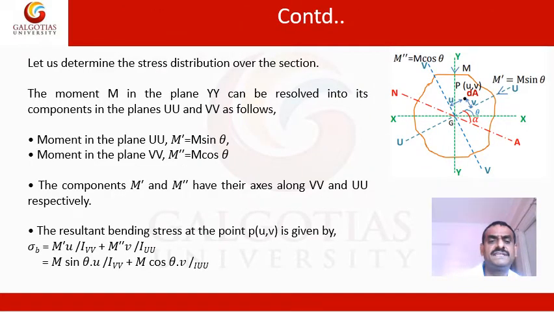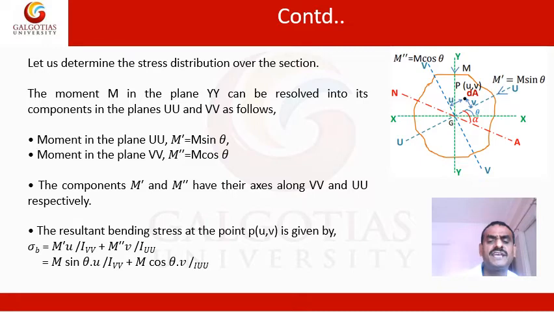The moment M in the plane YY can be resolved into components in the planes UU and VV as follows. The moment in the plane UU principal axis, M', equals M sin theta. Similarly, the moment in the plane VV axis, M'', equals M cos theta.